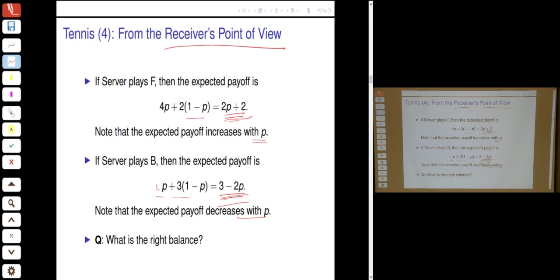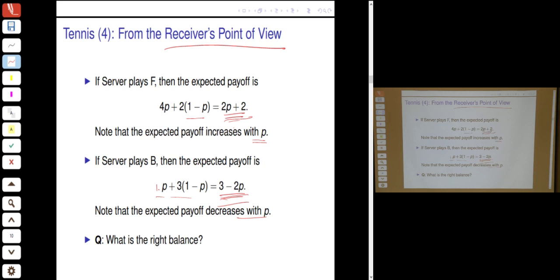So for that choice of the server, the receiver would actually like to choose the probability P to be as small as possible, in order to make his expected payoff the largest. But the conundrum for the receiver is that he doesn't know in advance whether the server is going to play F or play B. If he knew, he would be in great shape, but he doesn't know.